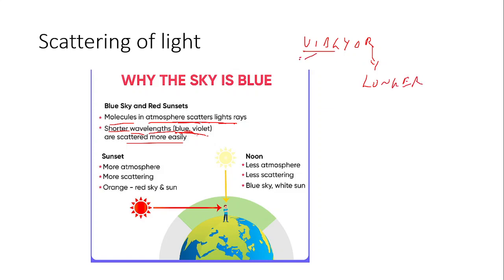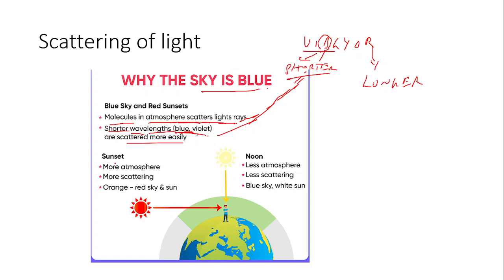Blue and violet are shorter wavelength, they get scattered very easily. So in the entire sky the blue rays get scattered easily. That's why we see the sky as blue.